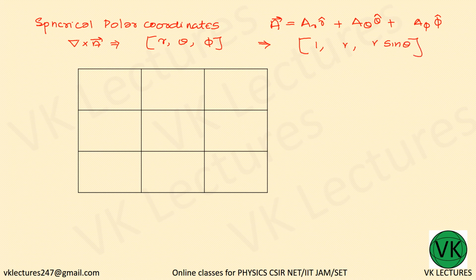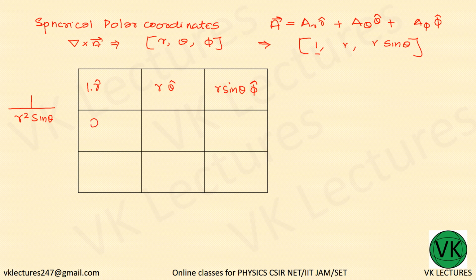So the del cross A is 1 by h1 h2 h3, that is 1 by r square sine theta into r cap 1 into r cap, that is metric element 1 into r cap, r into theta cap, r sine theta into phi cap.